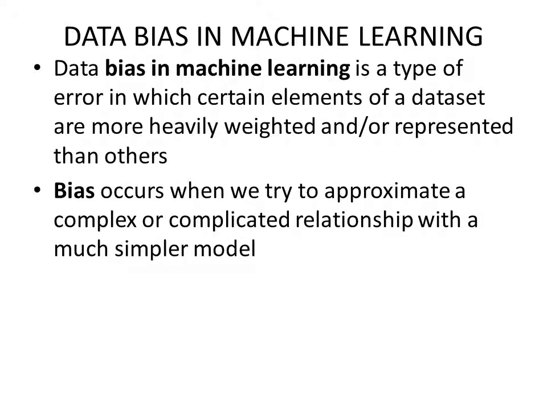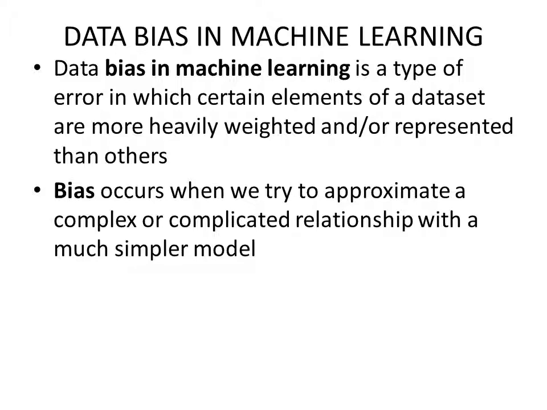Data bias in machine learning. So we need to understand what is data bias. Data bias in machine learning is a type of error in which certain elements of a data set are more heavily weighted or represented than others. So when the data set is more heavily weighted, the bias error will come.